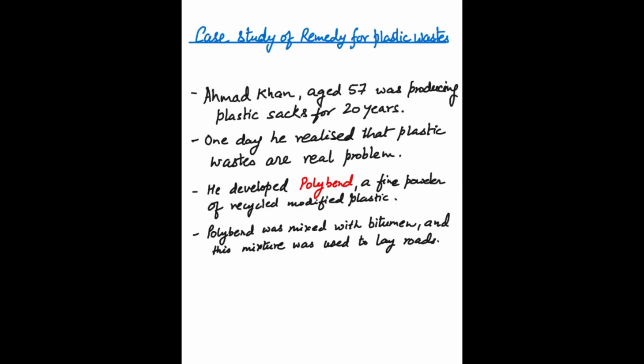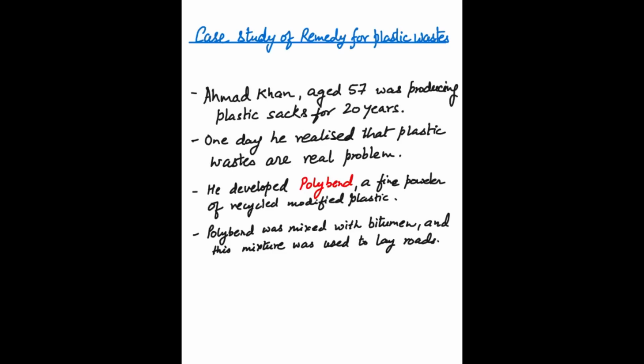So now coming to the case study. This is a wonderful case study given in NCERT. Ahmed Khan, aged 57, was producing plastic sacks for 20 years. One day he realized that plastic waste is a real problem. So he developed polyblend, a fine powder produced from recycling of plastic, and he mixed it with bitumen.